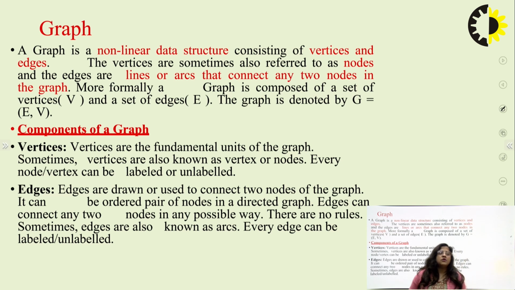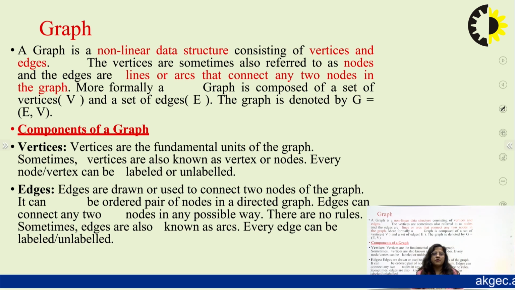A graph is a non-linear data structure consisting of a number of vertices and a number of edges. Vertices are sometimes also referred to as nodes, and edges are the lines connecting two nodes.